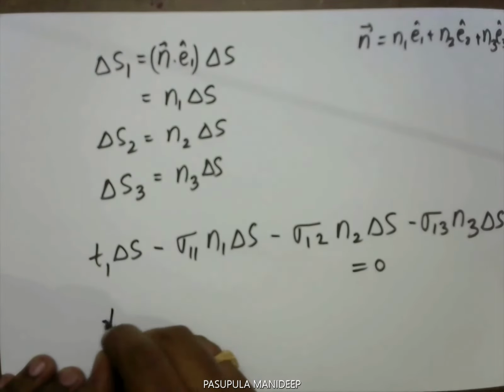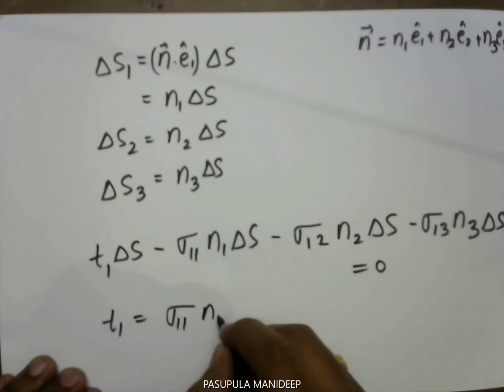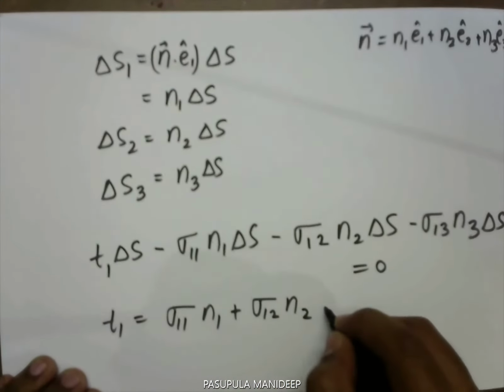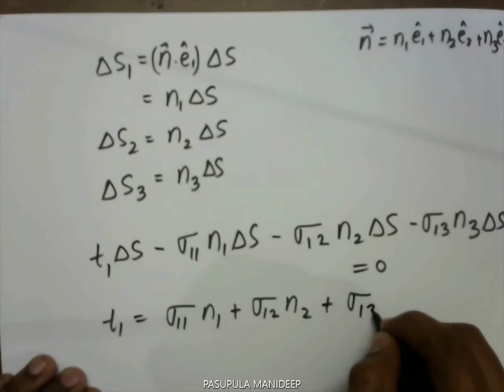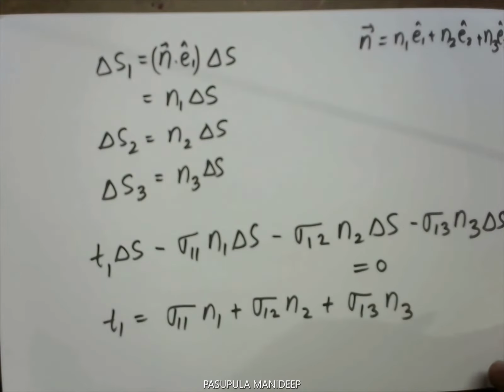So we can write T1 equal to sigma 11 n1 plus sigma 12 n2 plus sigma 13 n3.